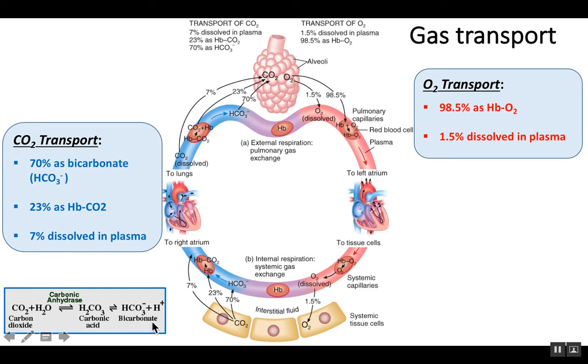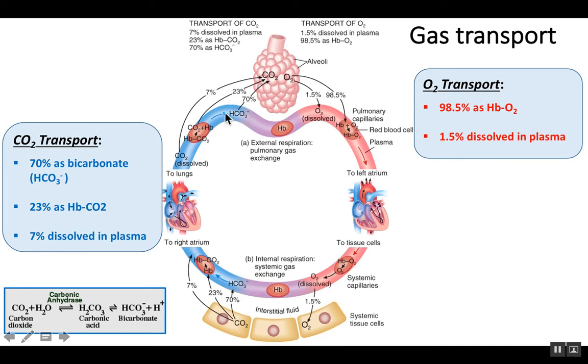So 70% of carbon dioxide is found in this bicarbonate ion, and these things all get transported back to the pulmonary capillaries. Then this dissolved carbon dioxide, that's easy, it just diffuses out into the alveoli. The carbon dioxide gets detached from hemoglobin and diffuses into the alveoli.